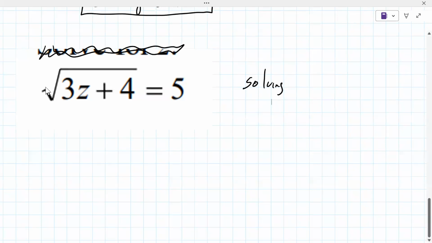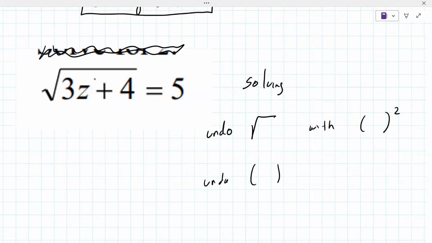You have to undo this symbol, I keep avoiding what it's called, but it's the square root symbol. So you undo a square root with a square, and you undo a square with a square root.